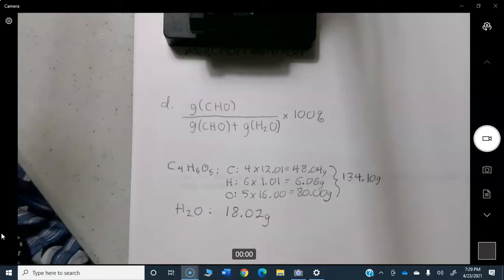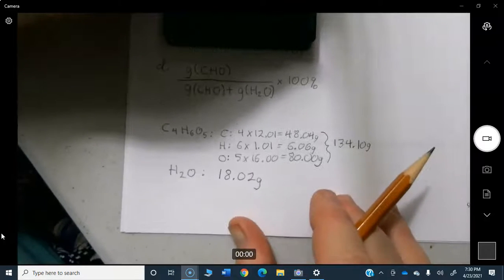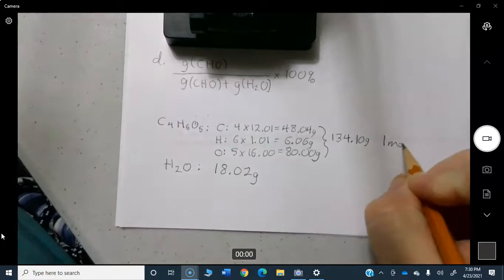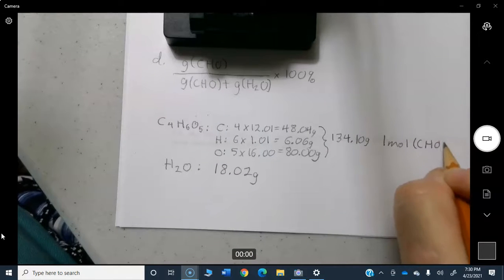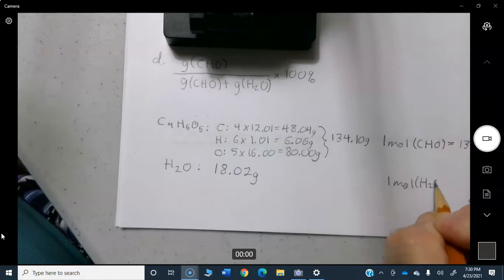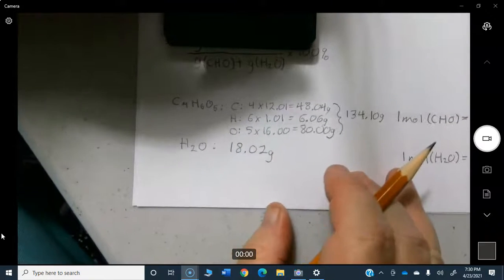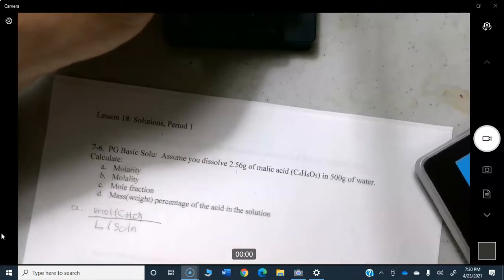Okay, so now we have the grams of the molar mass of each. The molar mass of this one is, again, I'm going to go back to just CHO as a shorthand. Okay, so now we're going to compute that for each. So we have 2.56 grams of malic acid and 500 grams of water.